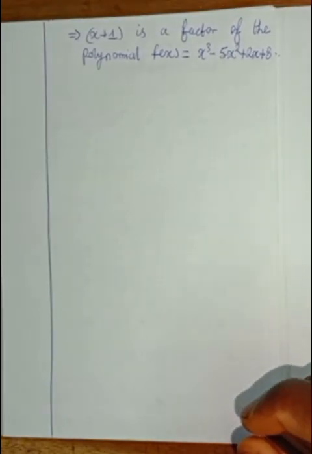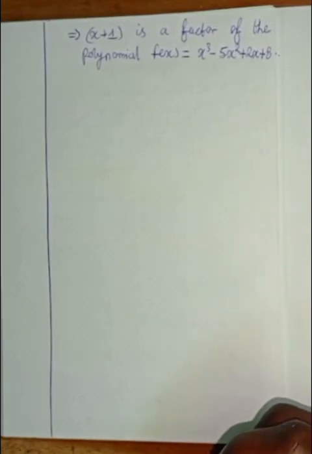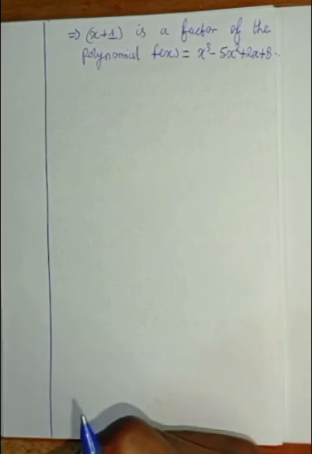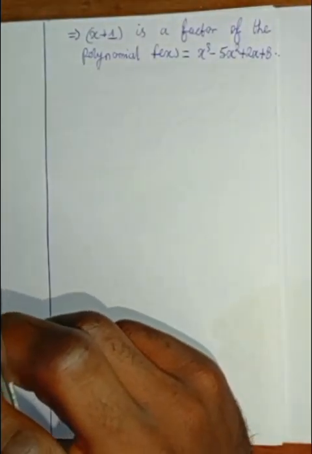Now, after getting one of the linear factors of the polynomial f of x, the next step is we are going to make use of the method of long division to get the quotient. We know if you make use of the method of long division, since x plus 1 is a factor of this polynomial f of x, then the remainder will simply be 0.